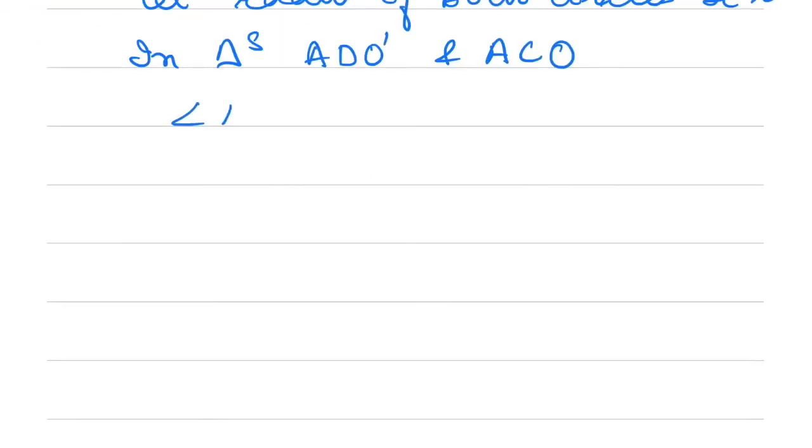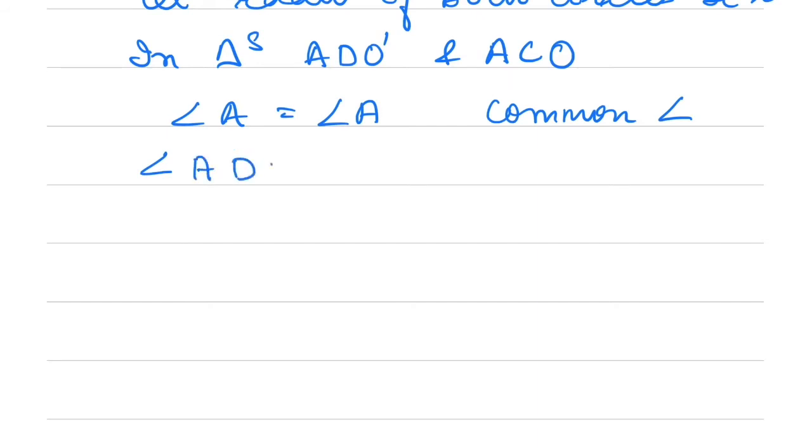we have angle A is equal to angle A because that's the common angle, and angle ADO dash is equal to angle ACO.